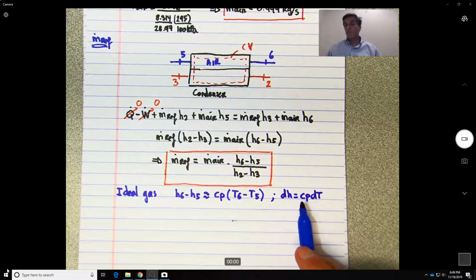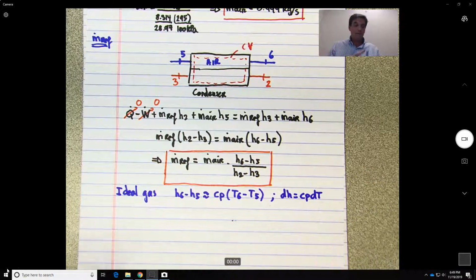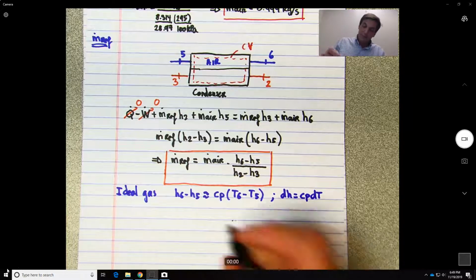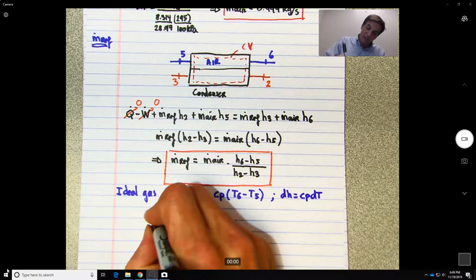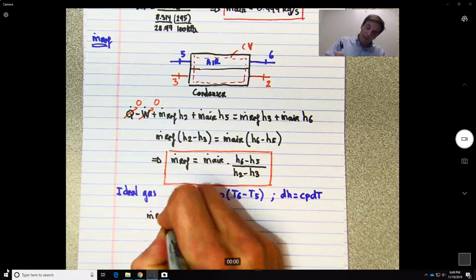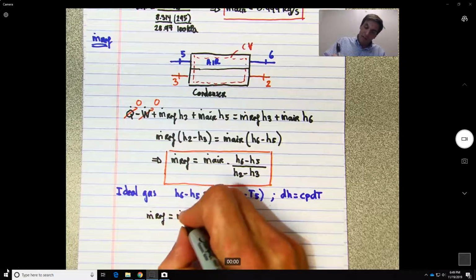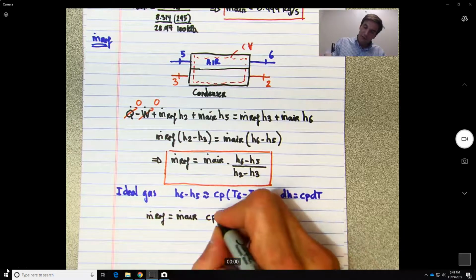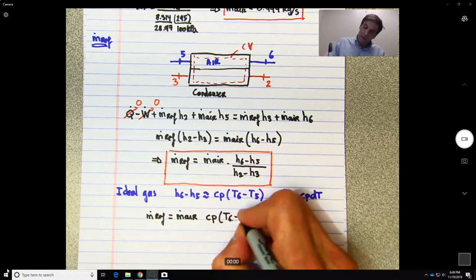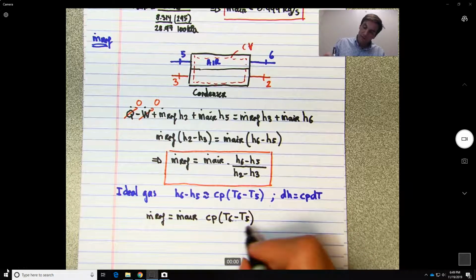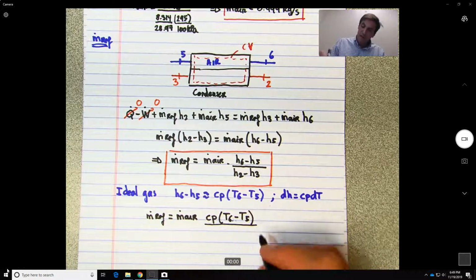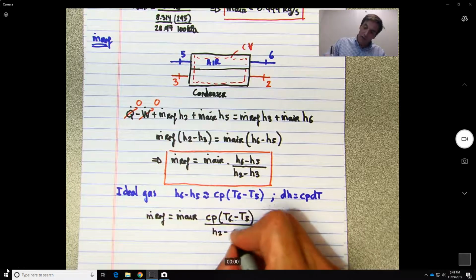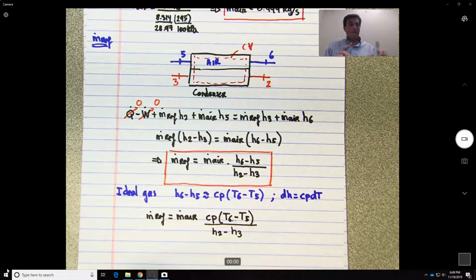We have covered this multiple times in previous videos. So we can rewrite that the mass flow for the refrigerant can be written as mass flow of air times Cp times (T6 minus T5) divided by (H2 minus H3), which we have. And we have the mass flow of air.